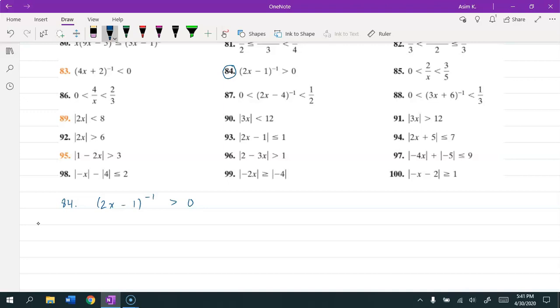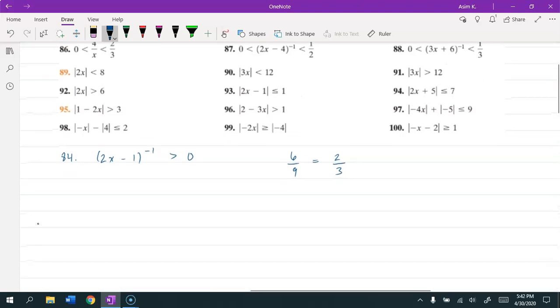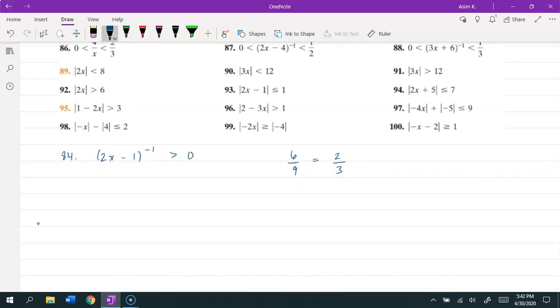So let's suppose that I gave you the fraction 6/9, and I said, go ahead and simplify that. So you would tell me that 6/9 is equal to 2/3, right? So let me ask you this. Is that the same thing as 9/6 equals 3/2?